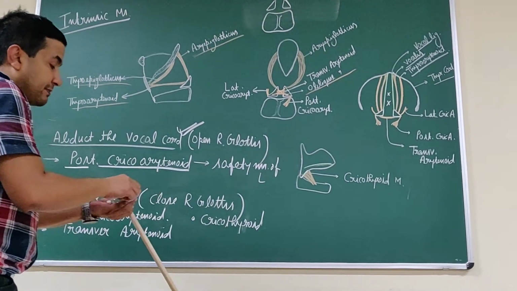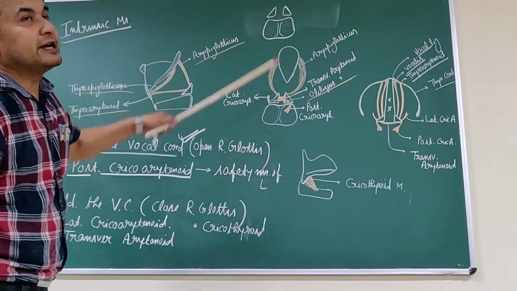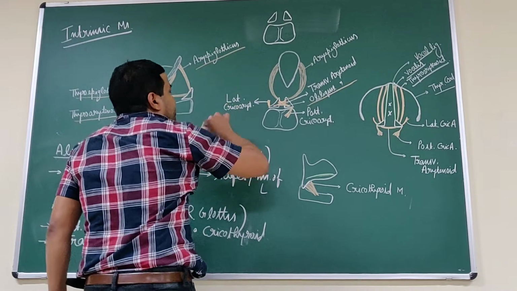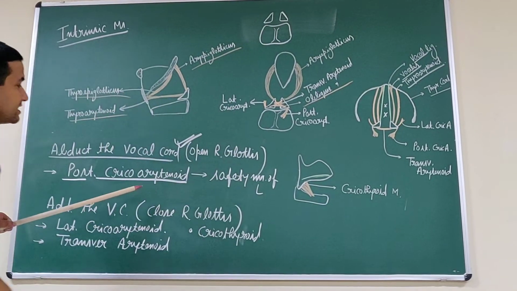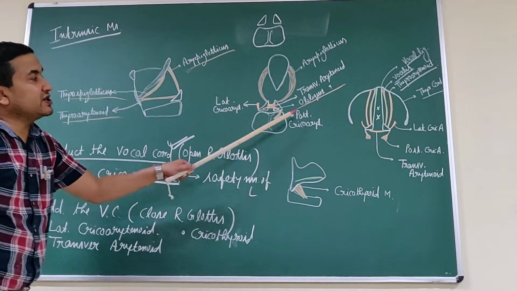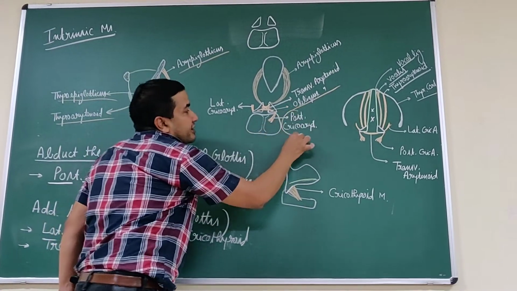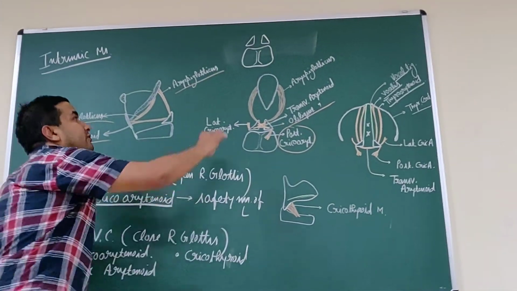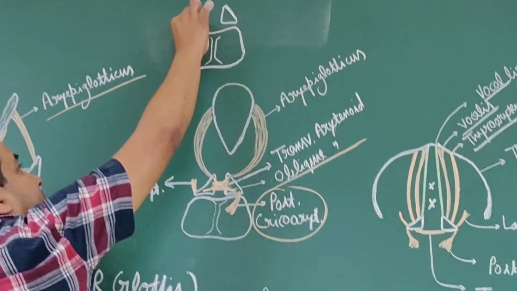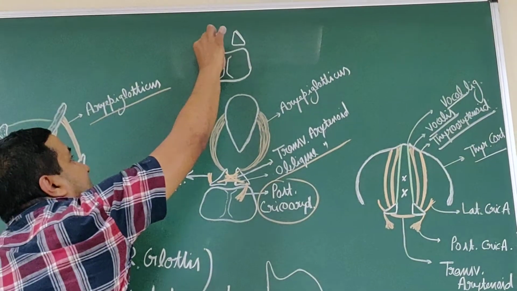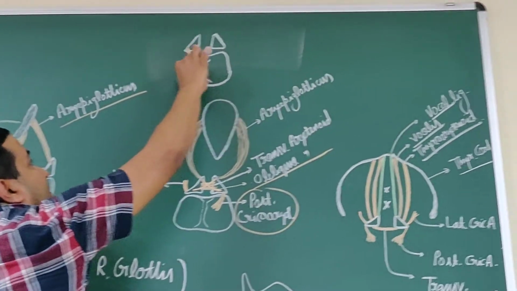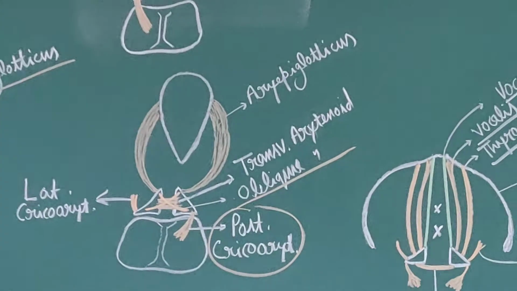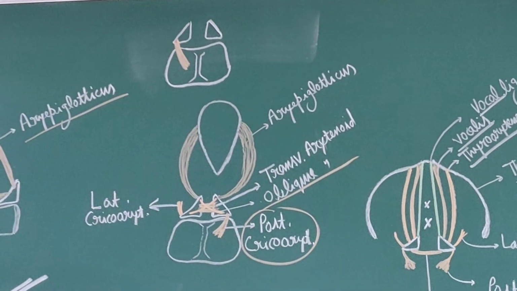And if you remember the arytenoid cartilage, this is the posterior cricoarytenoid, from the muscular process to the posterior surface of the lamina of the cricoid cartilage.